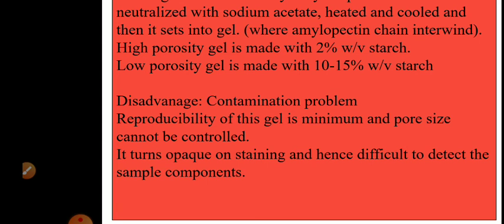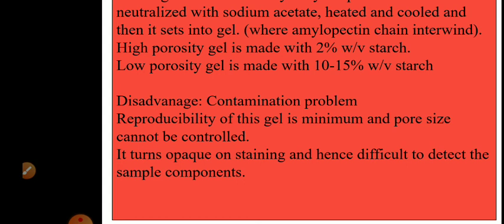gel, but the disadvantage of using starch gels is the contamination problem. Very easily it is attacked by microorganisms, so microbial contamination occurs, and it will definitely interfere with the separation procedure. Second disadvantage is that reproducibility of this gel is minimum, and pore size cannot be controlled.